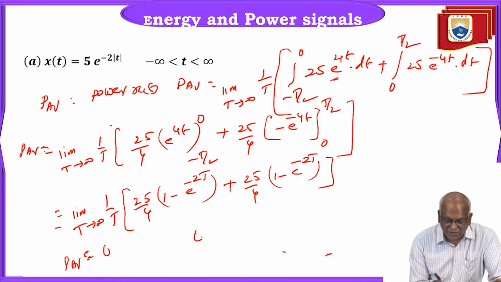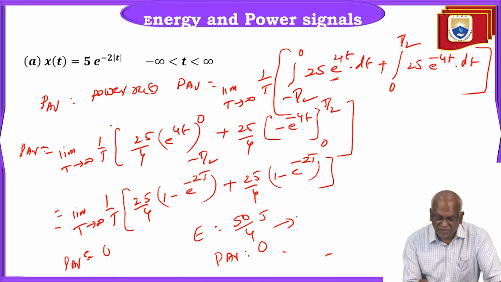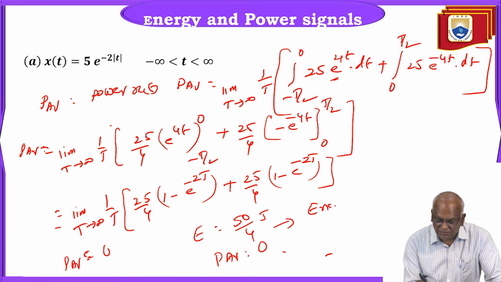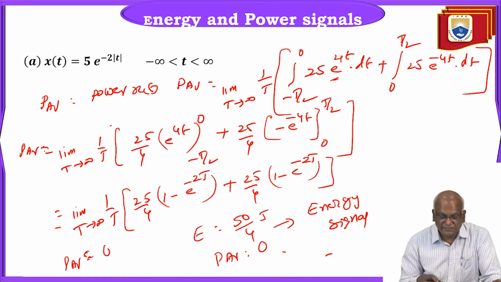So energy is 50 by 4 joules and average power is 0. Hence the given signal x of t equal to 5 e power minus 2t is an energy signal.